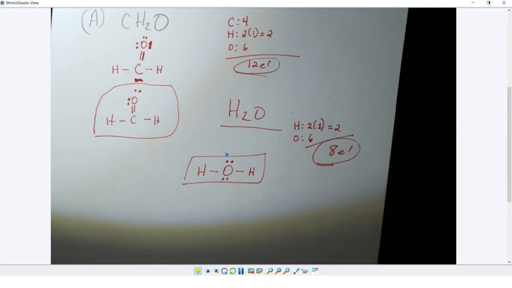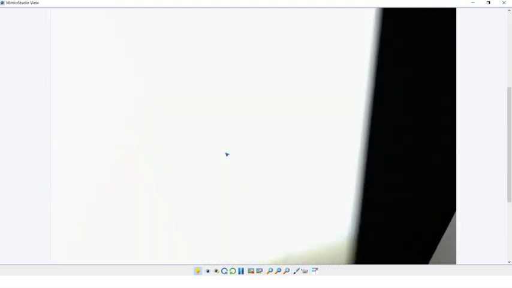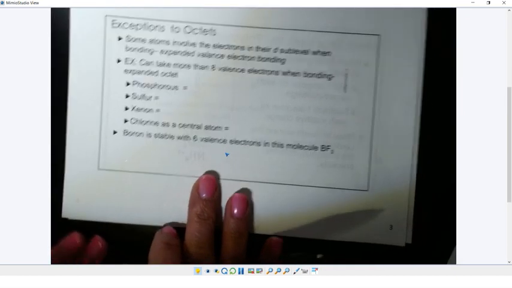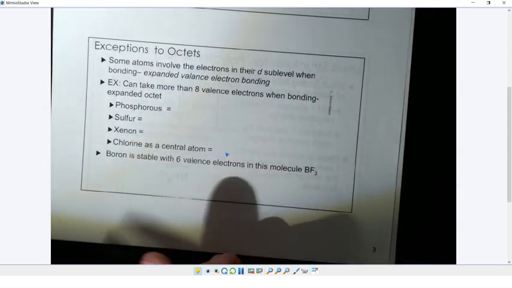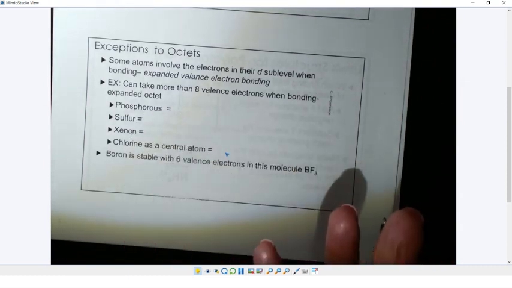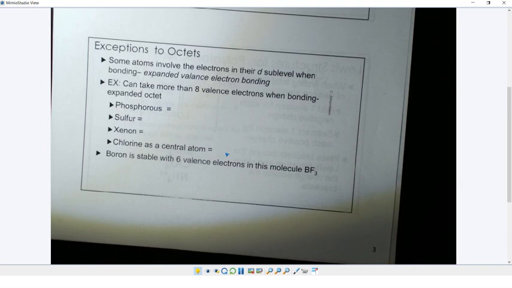Now let's go back to where it says exceptions to octets. There's always exceptions to the rule in chemistry, no matter what you do. So some of these atoms, when they are found in a covalent molecule, can actually have more than 8 electrons surrounding it.